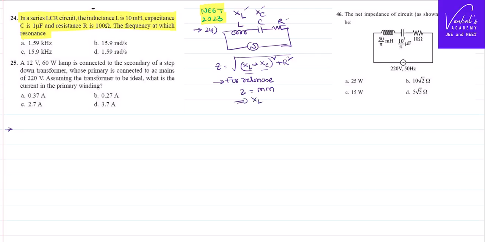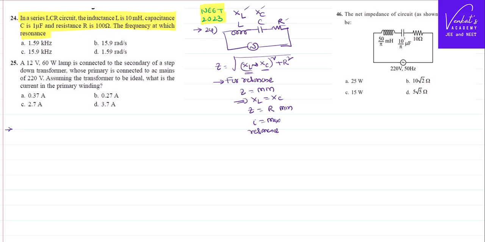That is possible when XL equals XC. When these two are equal, Z becomes the square root of R square, that is R, the minimum. Current in the circuit is maximum. Then it is called resonance. So what is supposed to happen is XL equals XC.